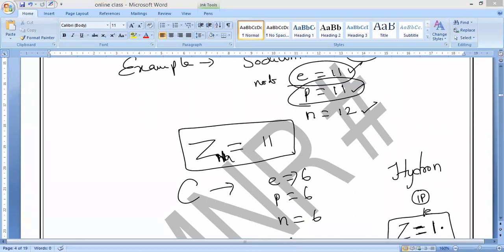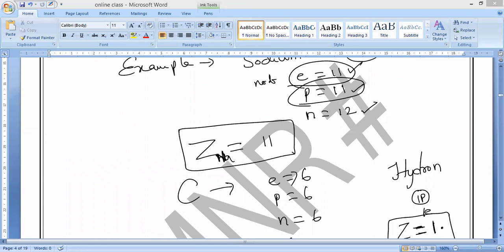It is Z, and it equals the number of protons in any atom, or else the number of electrons present in any one atom. This is what you have to remember.